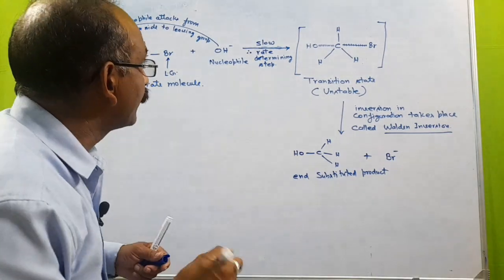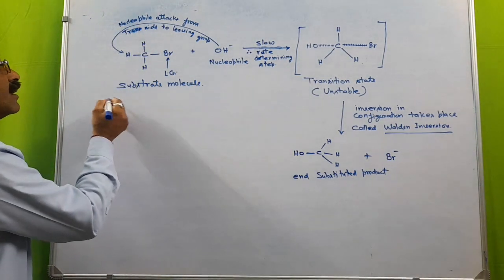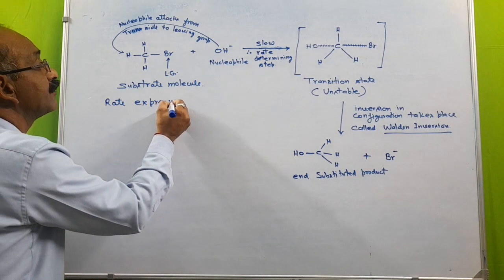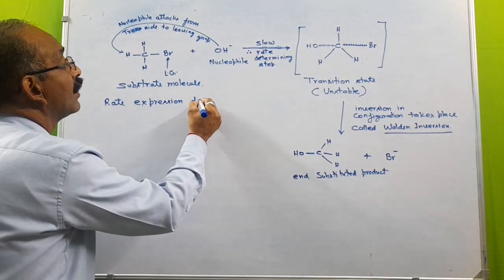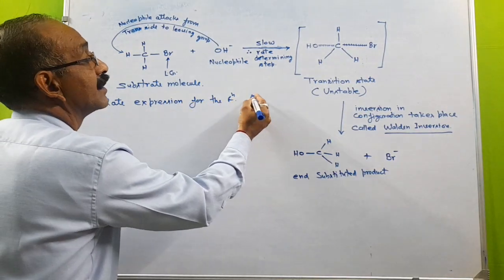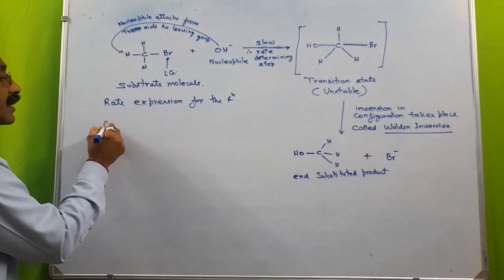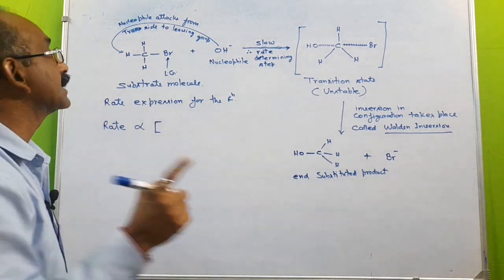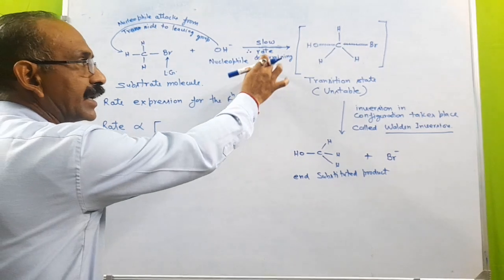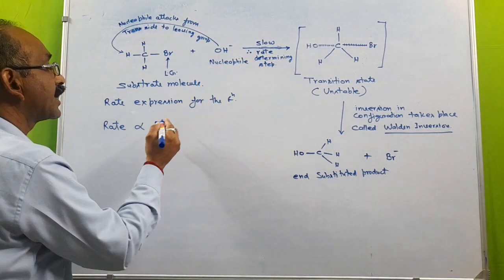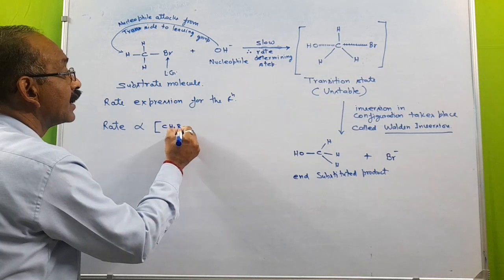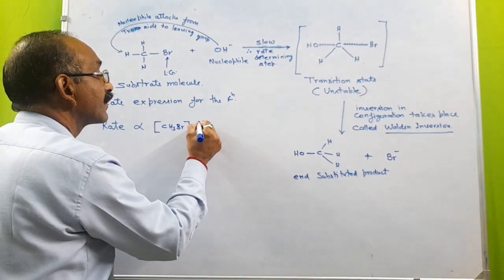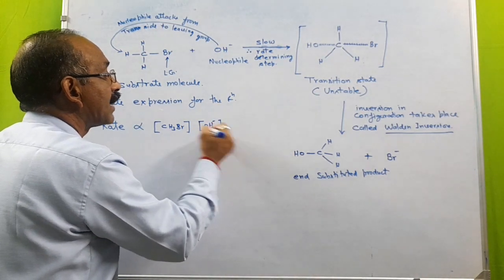In this reaction, as we know, the formation of the transition state is the rate determining step. So the rate expression for the reaction can be written as: the rate will be proportional to the product of the molar concentrations of the reactants in the rate determining step. In the rate determining step, the reactants are CH3Br and OH minus.